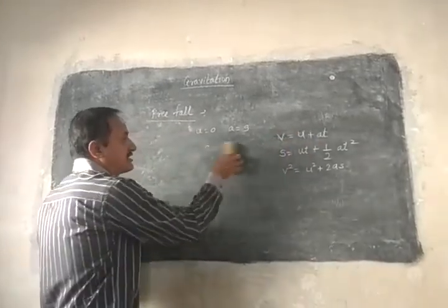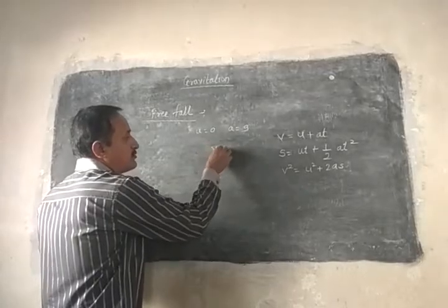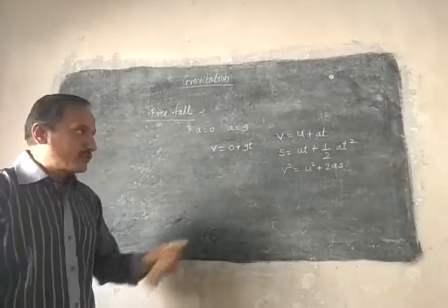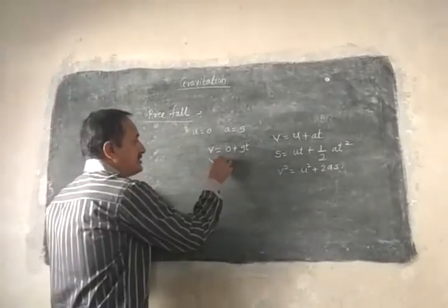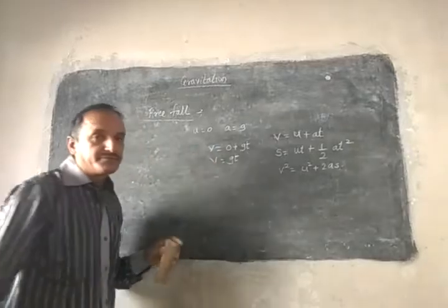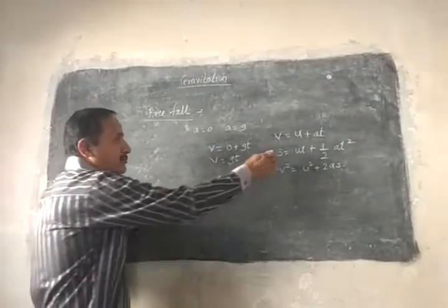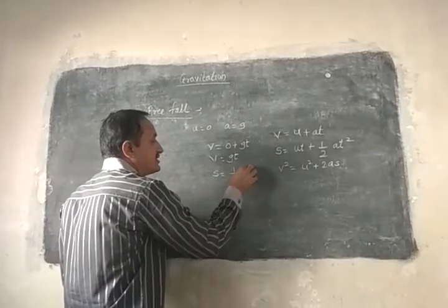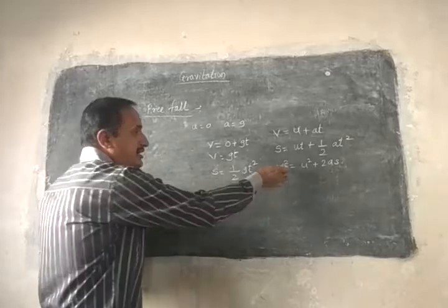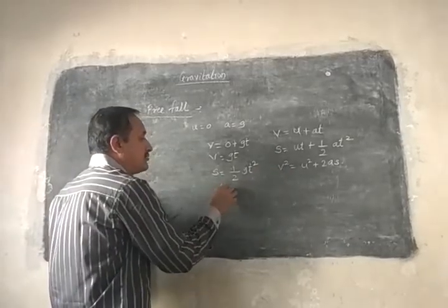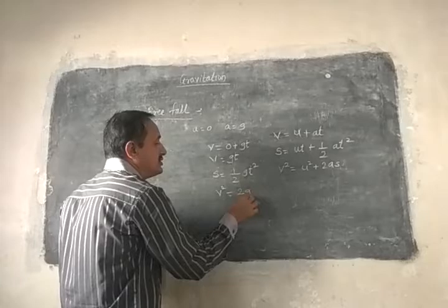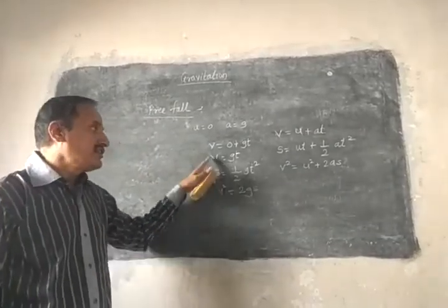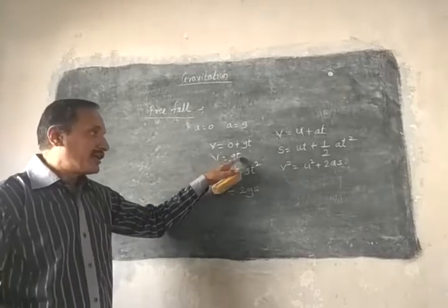If you put u = 0, we get v = 0 + gt, so v = gt. Then in the second, if you put u = 0, s = half gt square. And in the third, v square = 2gs.